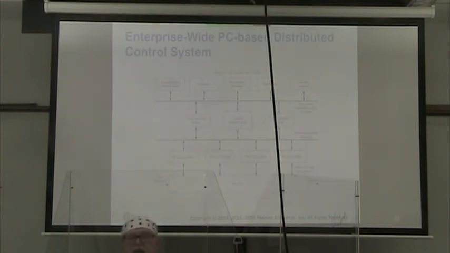All of these are feeding data upward into the engineering workstation, finance, production planning, purchasing, and quality control. Again, the advantage of this is we know on a minute-by-minute, second-by-second basis what's happening.